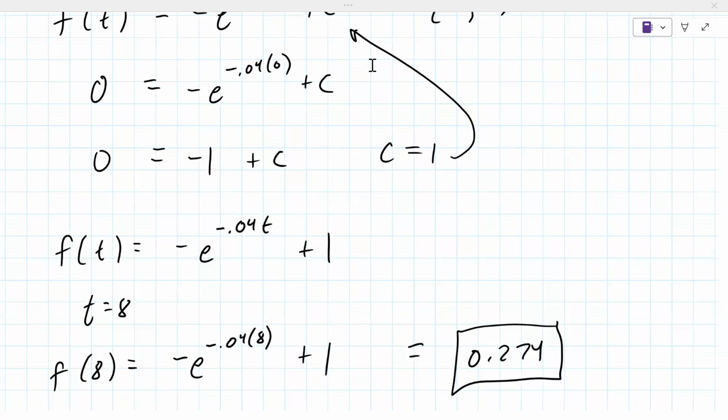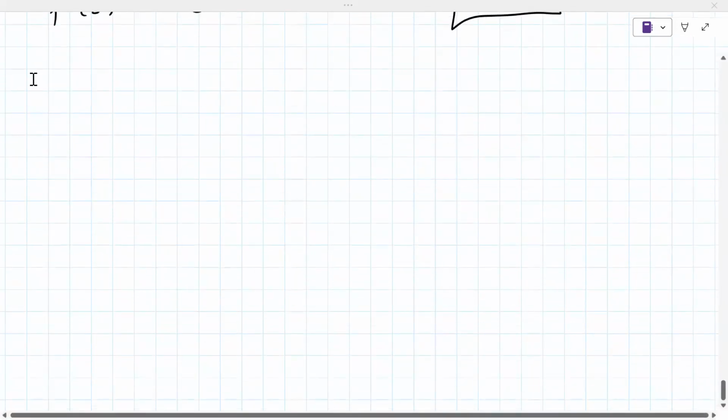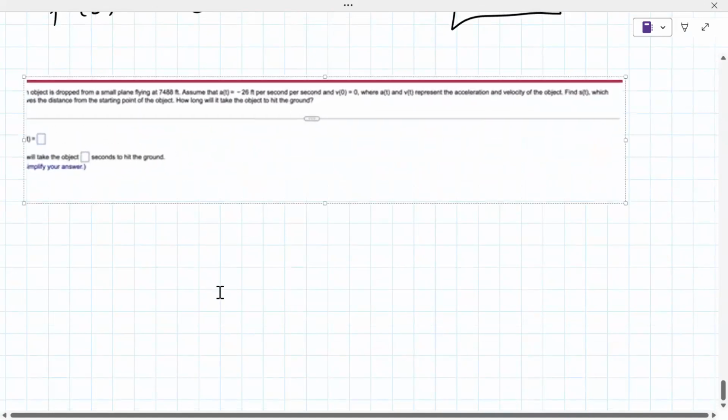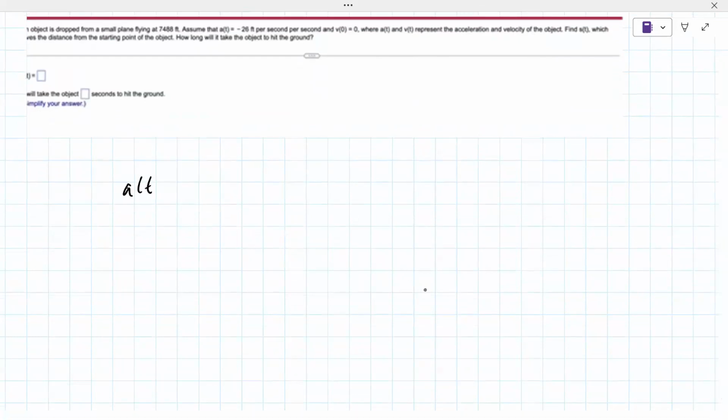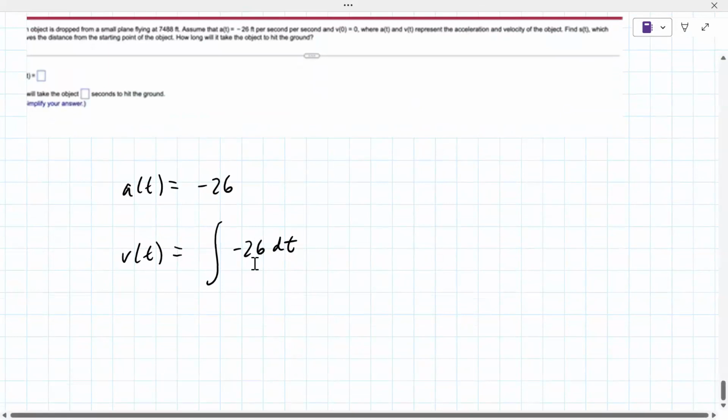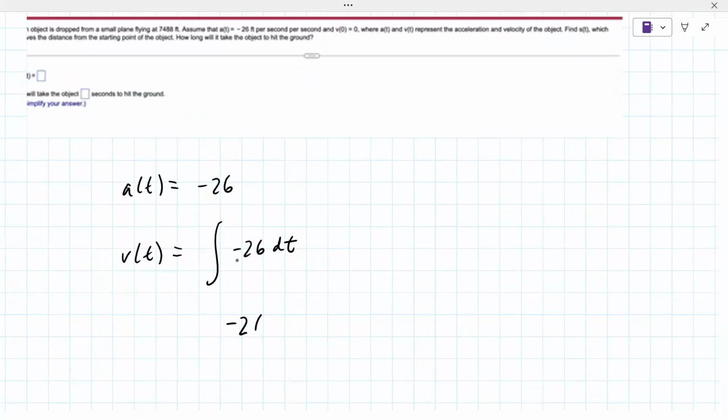Is that okay? Mhm. All right. Moving along here. So we got an object being dropped from a plane, and they tell you that the acceleration is minus 26. So the velocity function is the integral of the acceleration function. So the antiderivative of this thing we've been doing all day long here is minus 26t plus c.